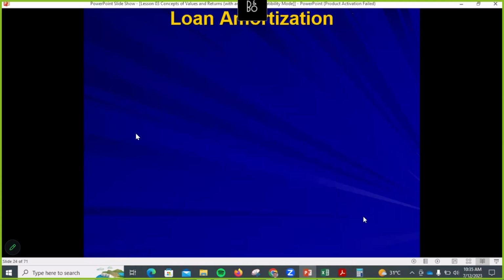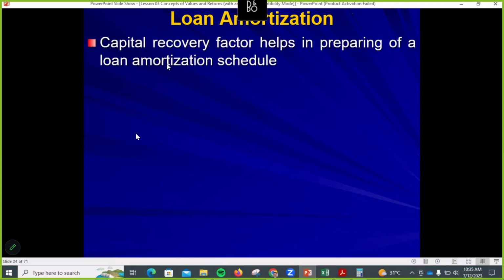Then you want to learn about loan amortization. So how are you going to pay your loan interest? Capital recovery factors help in preparing a loan amortization schedule.